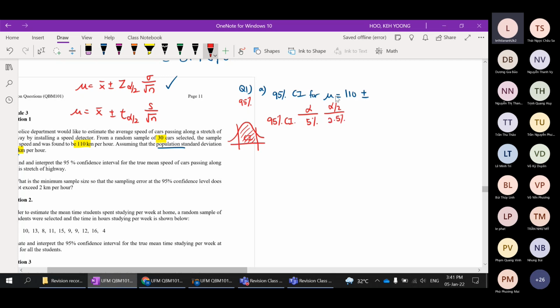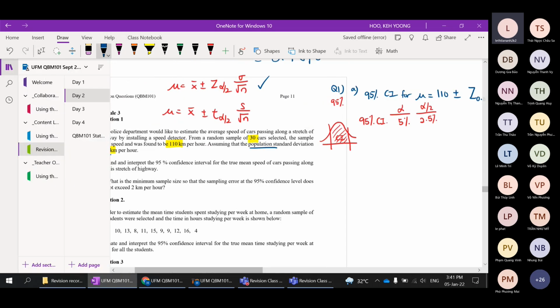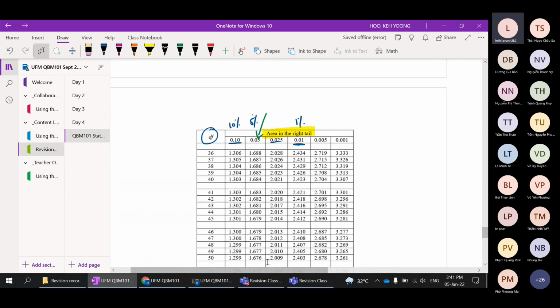So we are looking for this Z 0.025. This is actually Z alpha over 2, which is 2.5%, or 0.025. How do we find this value? Remember, just now in the normal distribution questions, how did we find the Z value?